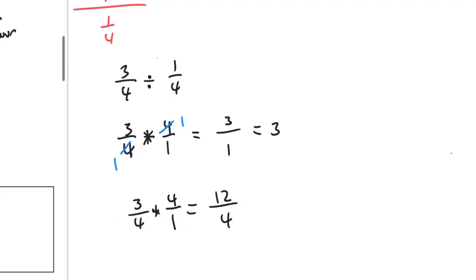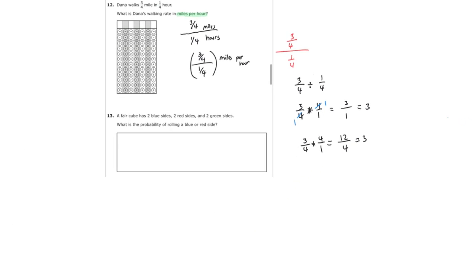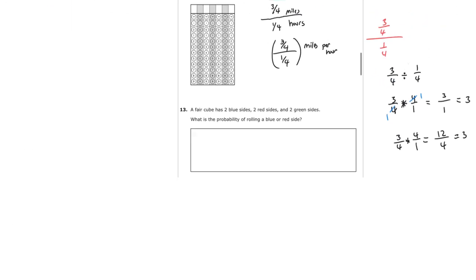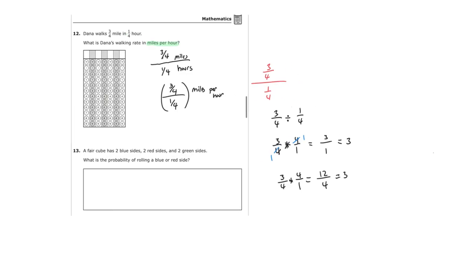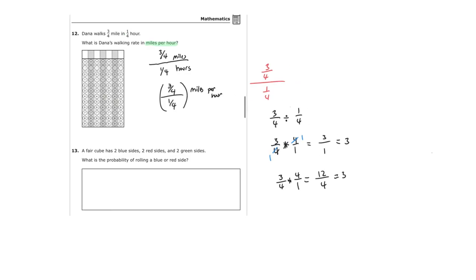And the answer is yes, because 12 over 4 is the same as 12 divided by 4, and that is the same as 3. So the answer to this one is 3. So in other words, it's 3 miles per hour. After going through this whole process, it turns out to be 3 miles per hour.